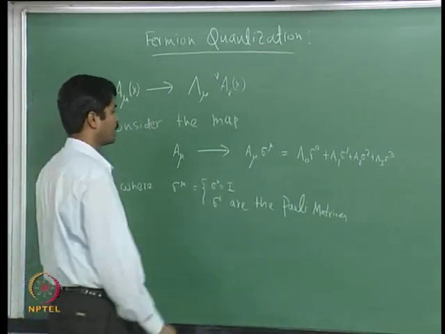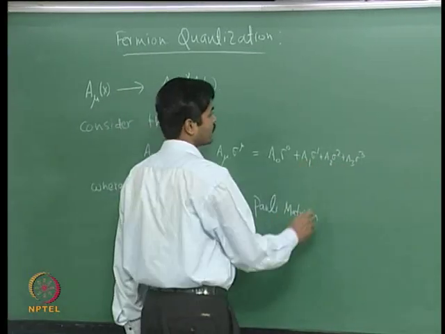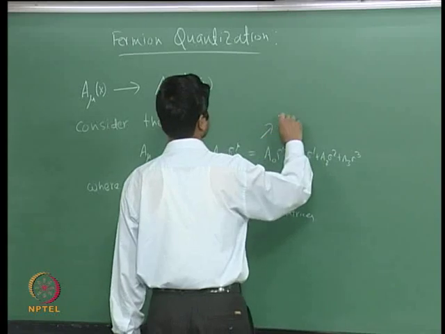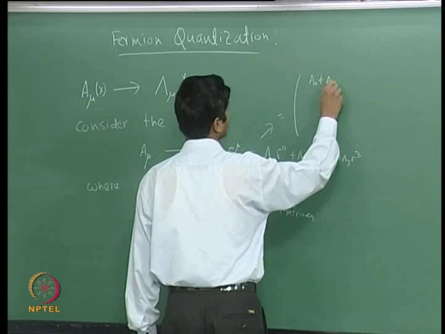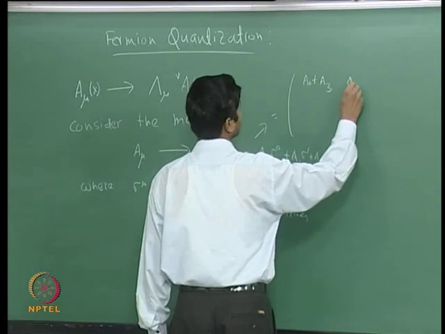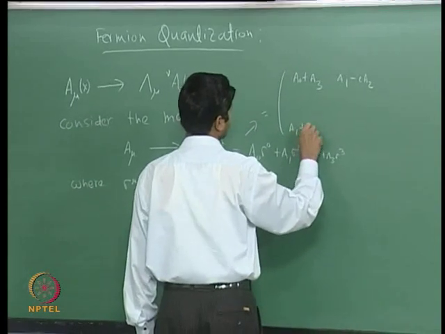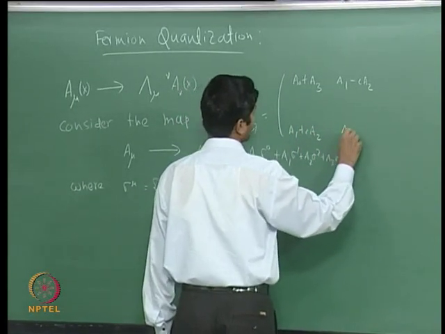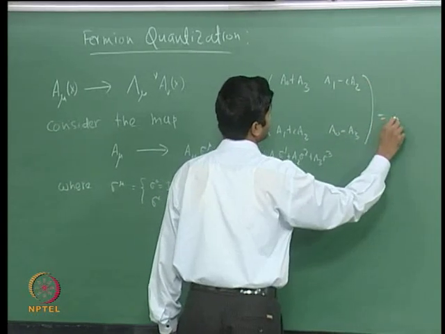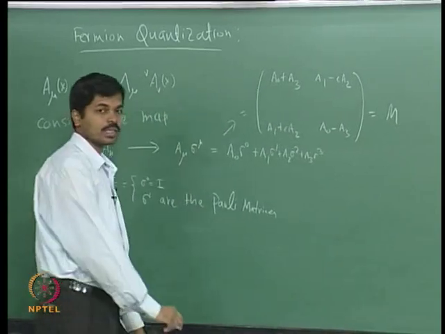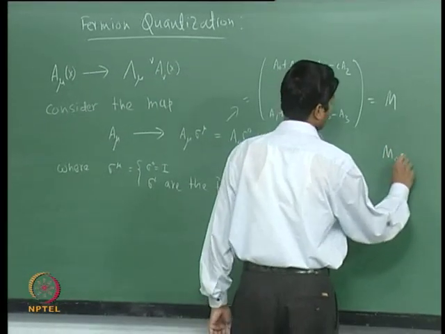If you write it in the 2 by 2 matrix form, this quantity is simply a 0 plus a 3, a 1 minus i a 2, a 1 plus i a 2, and a 0 minus a 3. Let me call this matrix M. So, it has components M_AB.